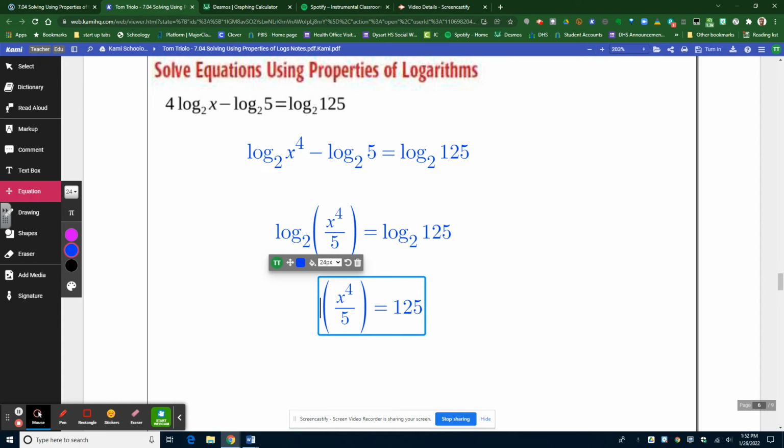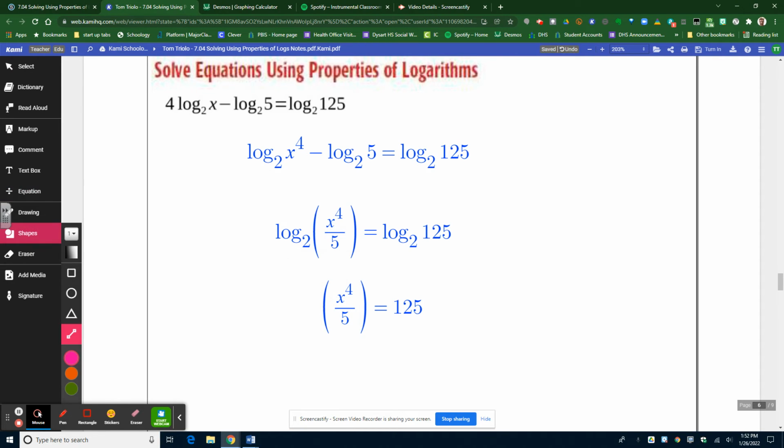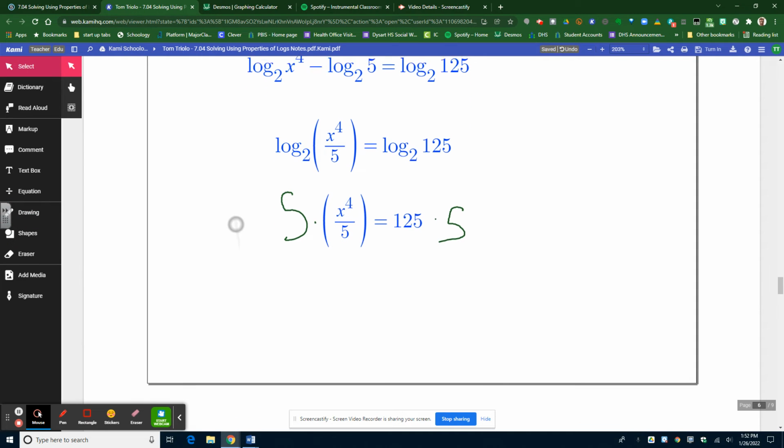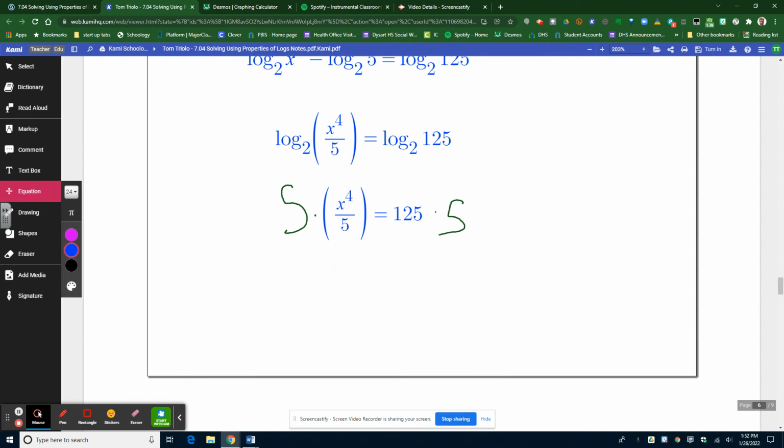I undo division with multiplication. Oh, look. That's not what I wanted. 5 times 25 is 125, and 5 times 100 is 500. So 500 plus 125 is 625. Okay. So I am now going to take the 4th root of both sides.